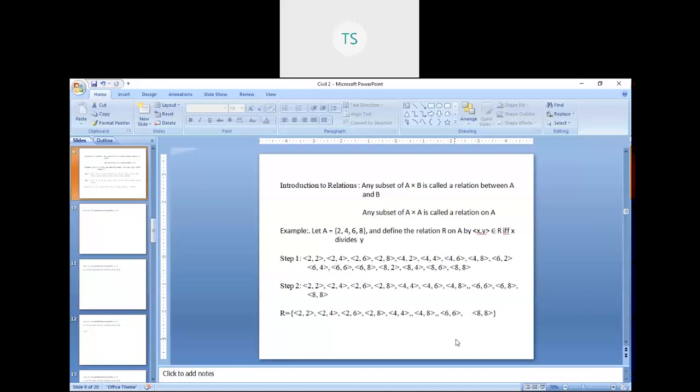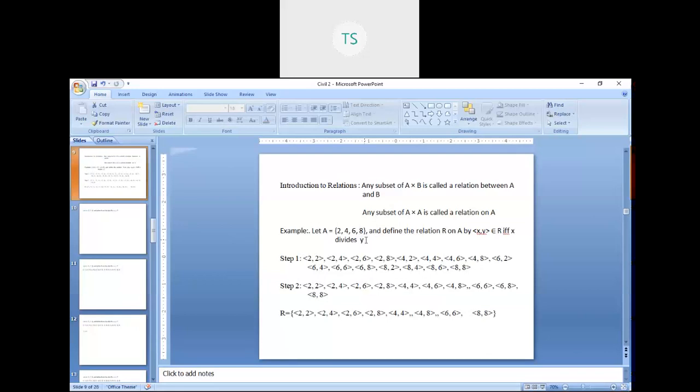Okay, I'm going a little bit slow in this portion because for relations you have to be clear about this particular condition. Some of the students may think, I have written all the Cartesian product, then why did I choose this one? The reason is you have to verify this condition.